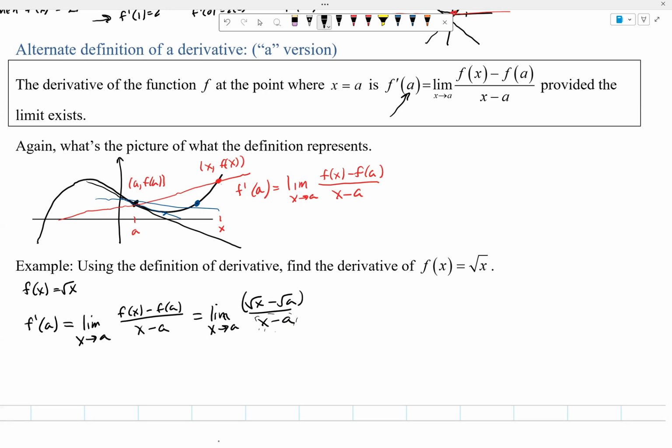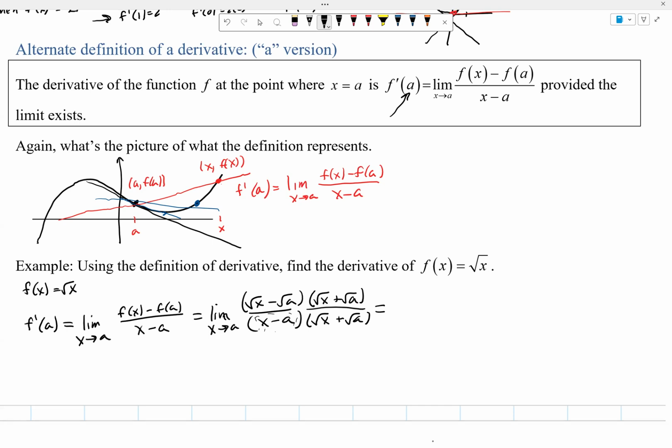Our solution is to do a little bit of algebraic manipulation, and that is I'm going to multiply both the top and the bottom by something called the conjugate. Multiplying by the square root of x plus the square root of a over the square root of x plus the square root of a. All right.